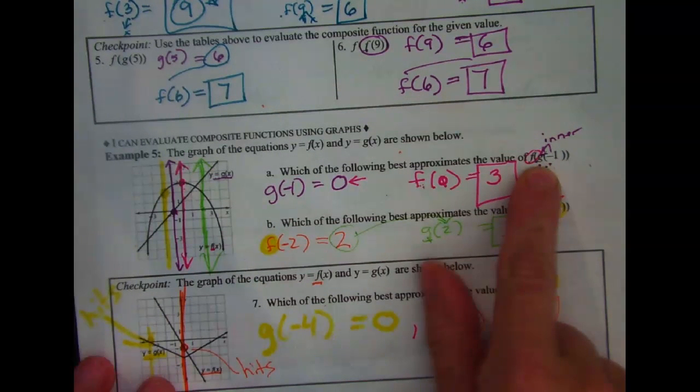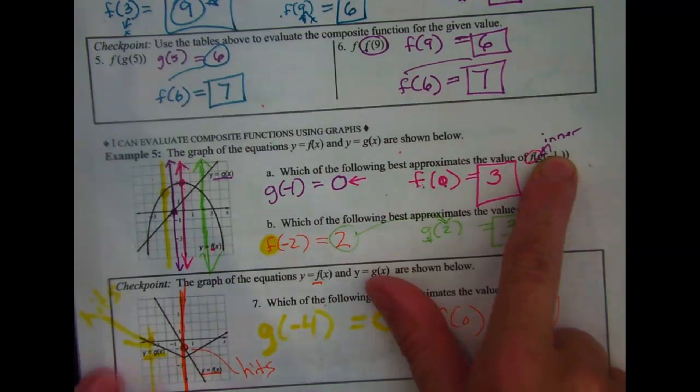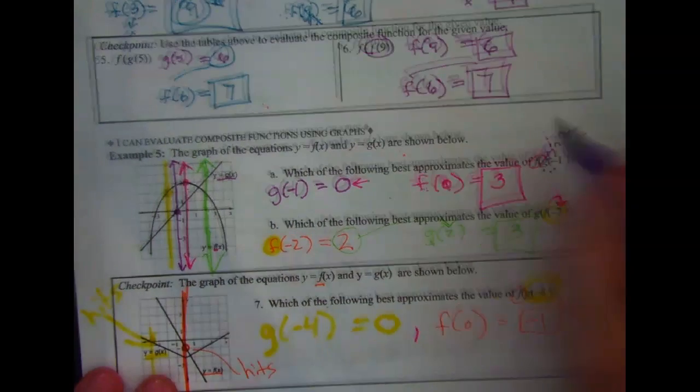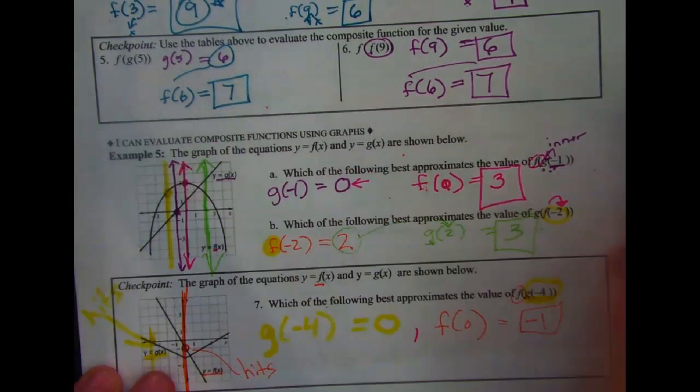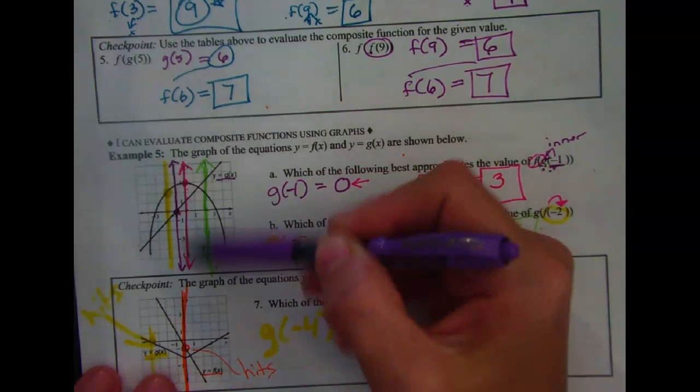So for this first one, we take our inner at g when x is negative 1. So we went to the x-axis for this first one, and I used purple for it. And I went to where x is negative 1, and I drew a line here.